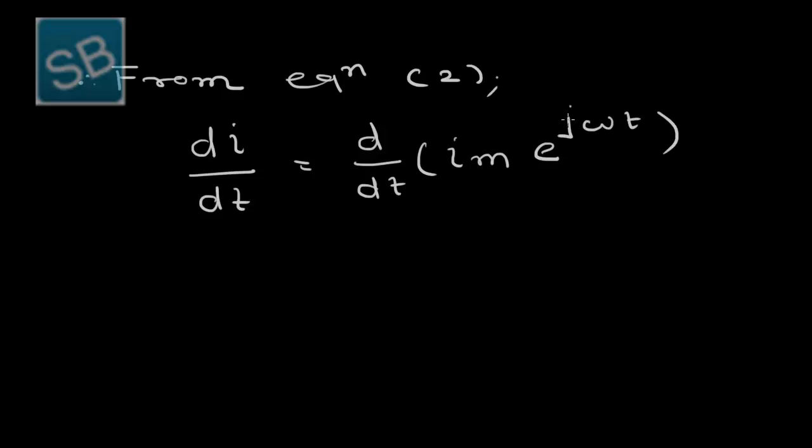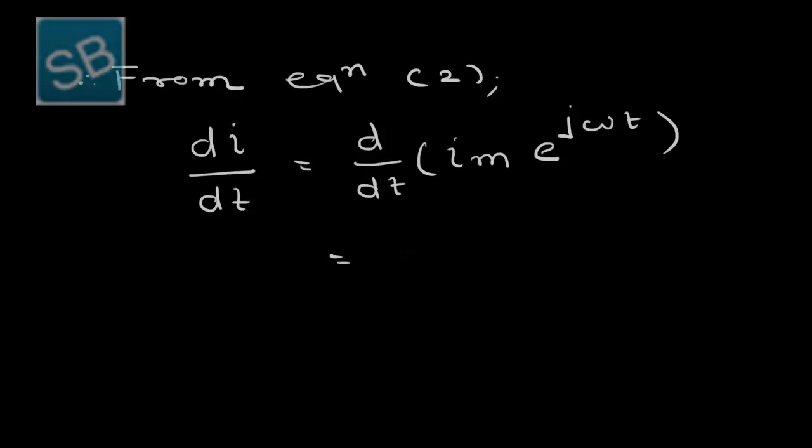Here I have used j instead of i, because we have used i for one purpose and cannot use it for another purpose. So correct equation 2 by putting j instead of i.